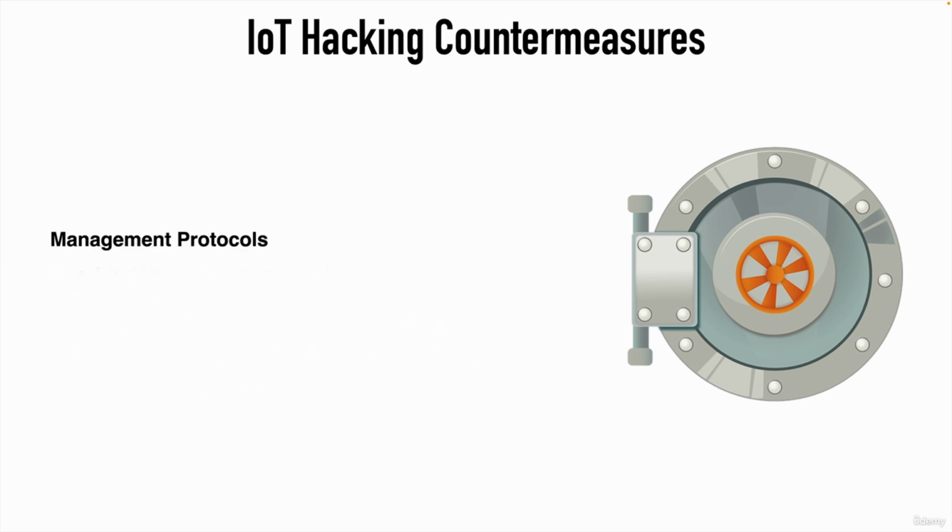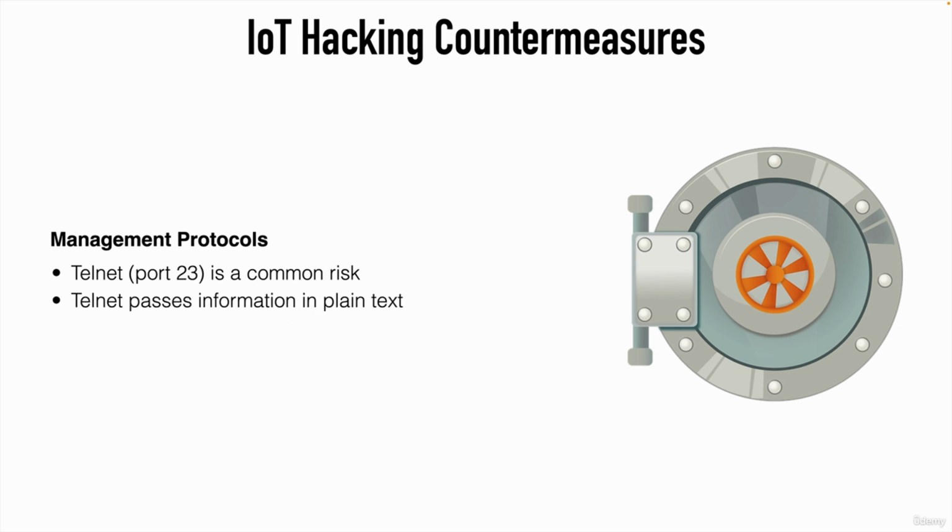Speaking of management, insecure protocols like Telnet open us up to significant security holes in our IoT devices. We've mentioned previously that despite its known weaknesses, Telnet is still very prevalent for IoT devices, and that's often enabled by default over port 23. Telnet has no built-in security mechanisms, so it sends all communications in plain text, which can be easily intercepted and interpreted.